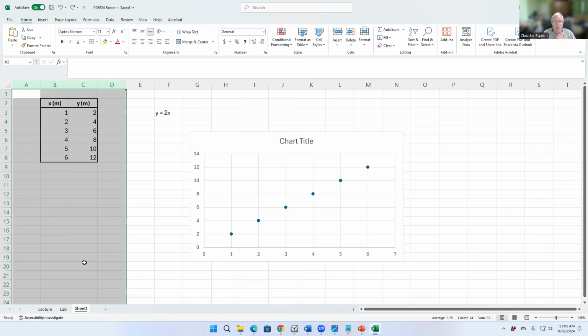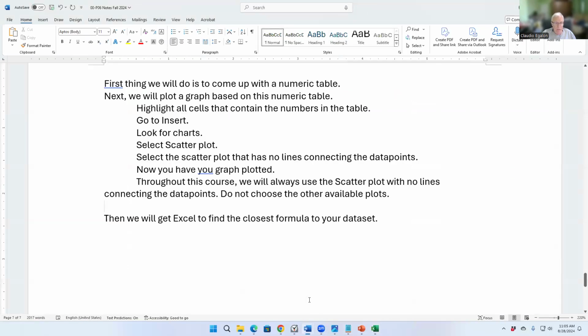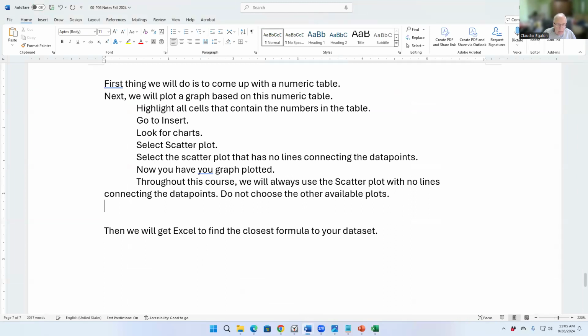Okay, so now you have your graph, right? The next thing you're going to do, let's go back here to my notes. Next, we will add the labels to our axis, right?